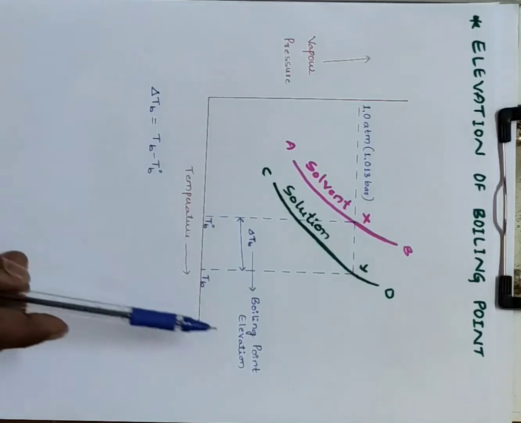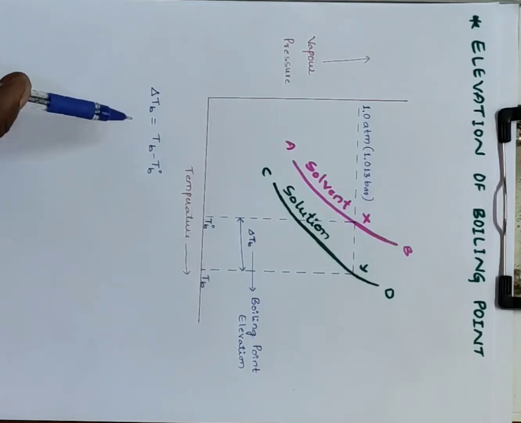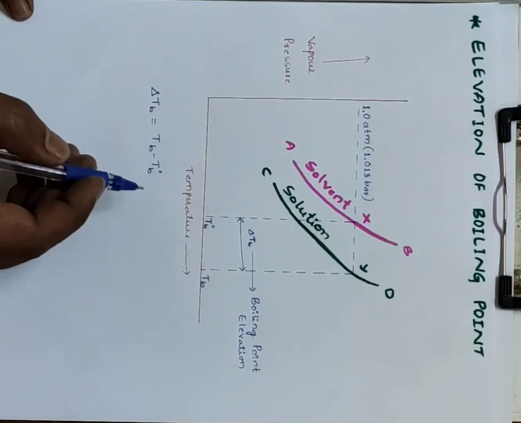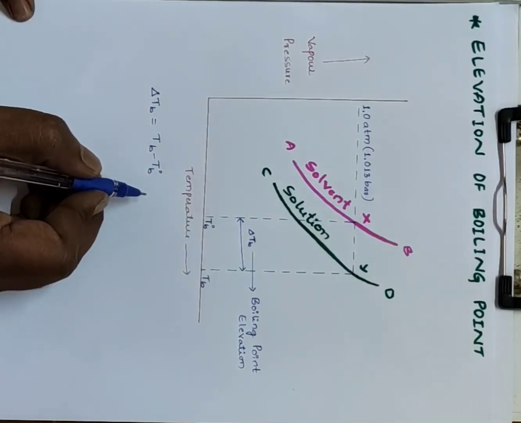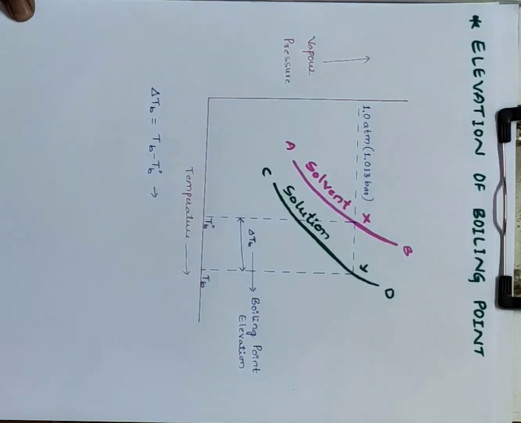That will give you the boiling point elevation. This delta TB is equal to TB minus T0B. It is also known as elevation of boiling point.